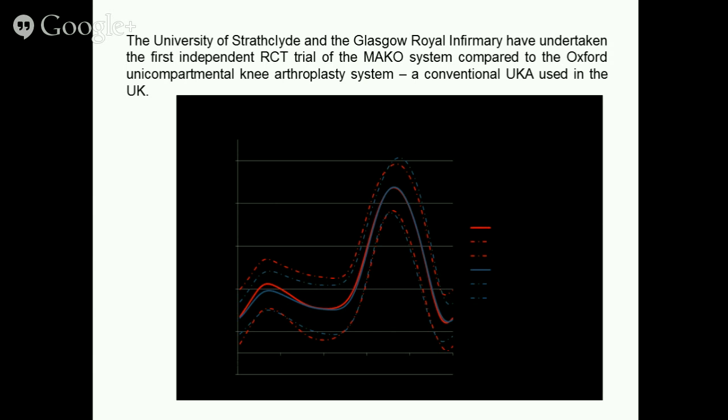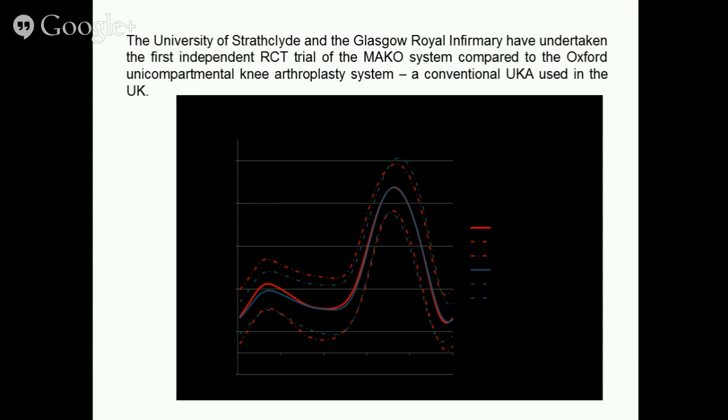One got a conventional Oxford unicompartmental knee arthroplasty, which is the ones in blue, and one got a robotic Mako system, which is the group in red. And the dotted lines are the 95% confidence interval for each group.